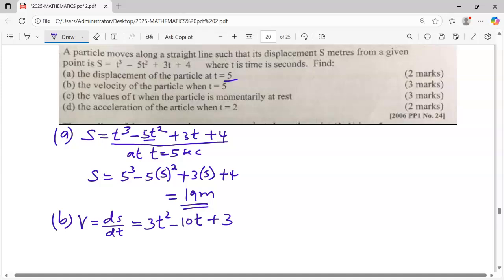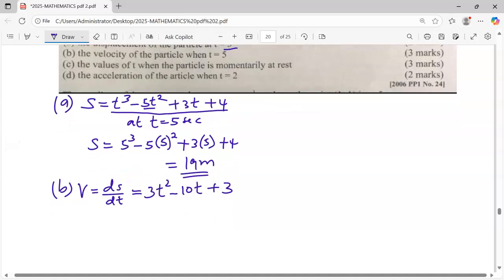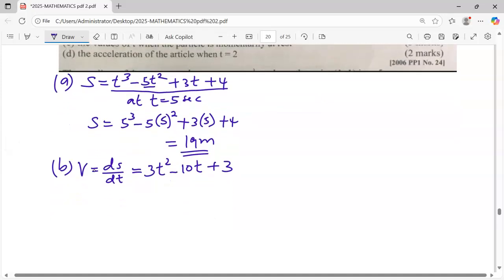Remember, we are supposed to find the velocity at t equals 5. Since we have the velocity function, at t equals 5 seconds, the velocity is going to be equal to 3 times t, which is 5, but this one is squared, minus 10 times t, which is 5, plus 3.